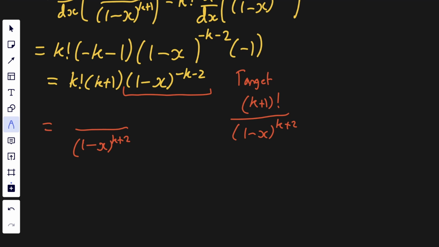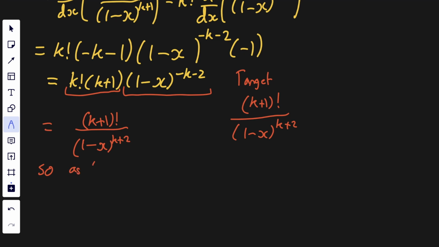And we've seen in previous videos, I think in our inequality video, that a factorial is 1 times 2 times 3 times 4 times 5 all the way up to k. So if I want k plus 1 factorial, it's k plus 1 times k times k minus 1, etc. So this expression here is k plus 1 factorial. And that's exactly what our target is.